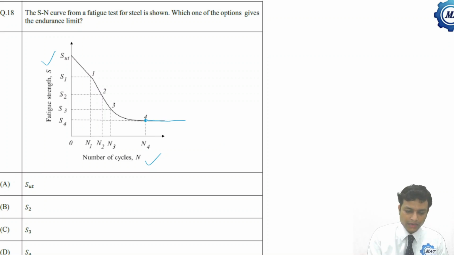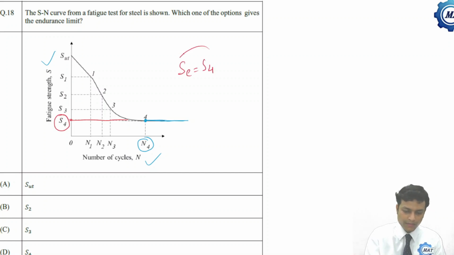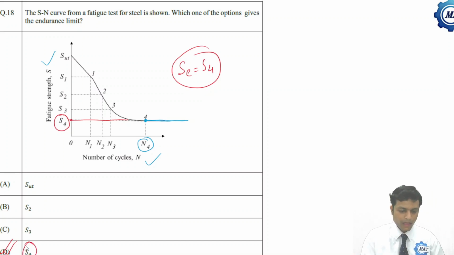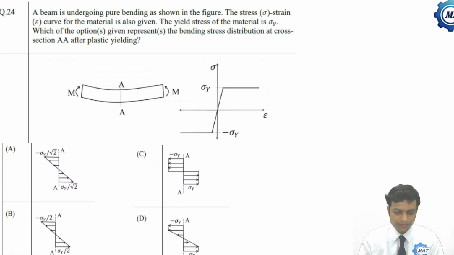So this curve becomes asymptotic at N4 cycles, and the corresponding stress value is S4. So SE is S4 here. So which option is correct? D is correct. D gives S4.